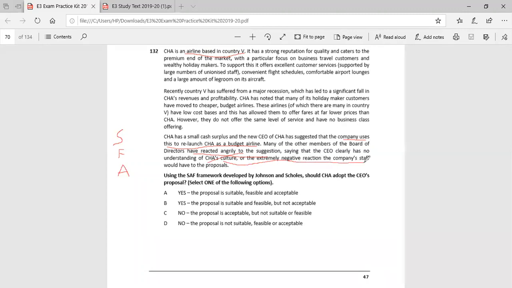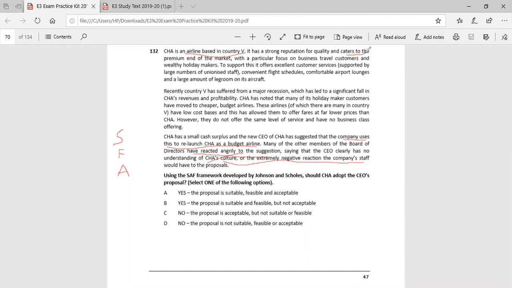Stakeholders are not agreeing. Okay. It is not suitable also because they cater to the premium end of the market.